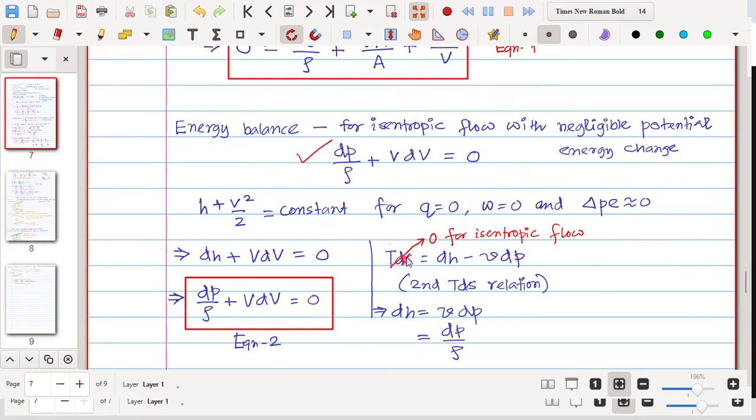For isentropic flow, ds is equal to 0, and therefore dH will be equal to VdP, and since v is equal to 1 by rho, it is dP by rho. So we have got dP by rho plus VdV is equal to 0. That is the form of the energy conservation for isentropic flow without heat transfer, work transfer, and negligible change in potential energy.